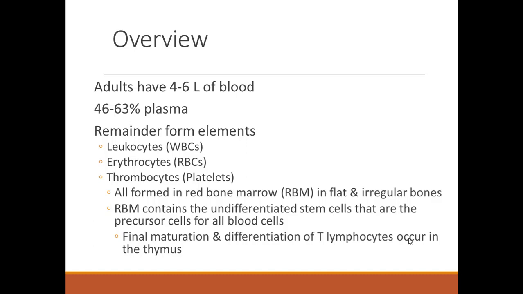The platelets are the thrombocytes. These elements are all formed in the red bone marrow, like we talked about, I think, in musculoskeletal, in the flat and the irregular bones. We'll get into the other two components once we get further down.